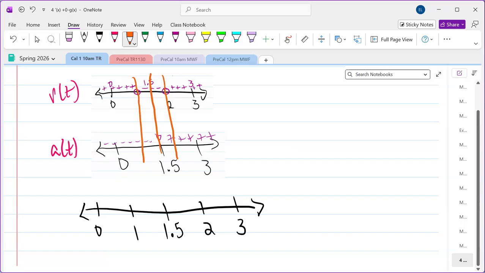All right, so in our first section from 0 to 1, my velocity is positive, but my acceleration is negative. So from 0 to 1, since they're different signs, this is slowing down.